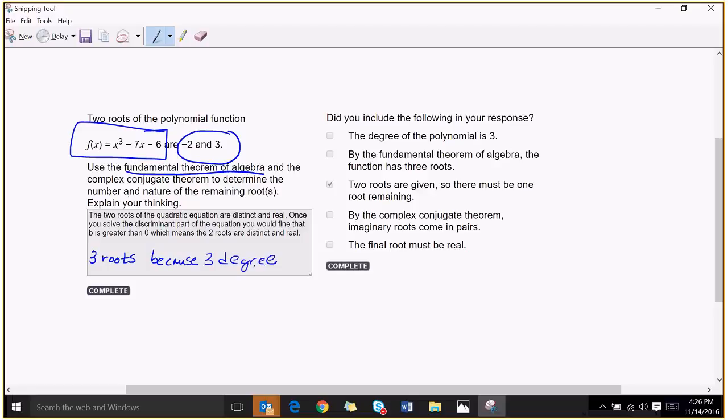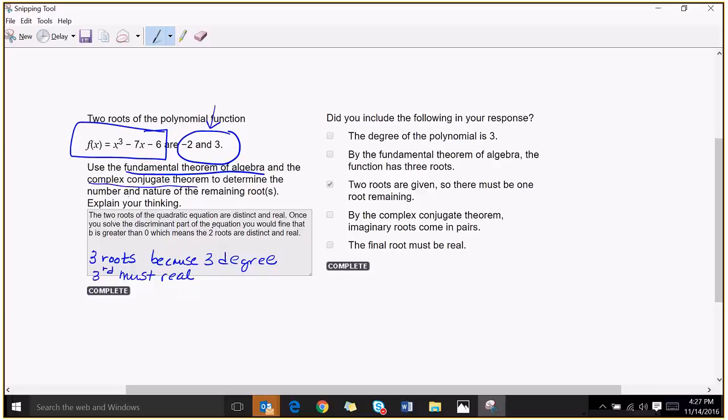Now, the other one is the complex conjugate theorem. If I know that 2 of the 3 roots are real, what do I know about the 3rd root? It must be real. And that's because you cannot have one imaginary number.